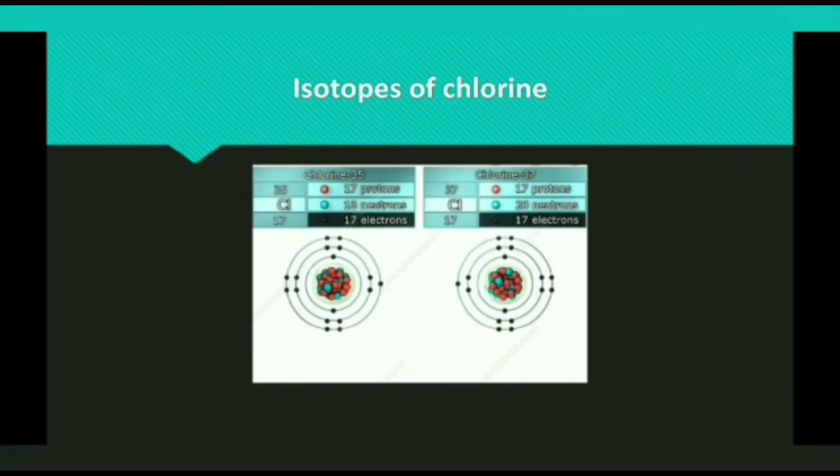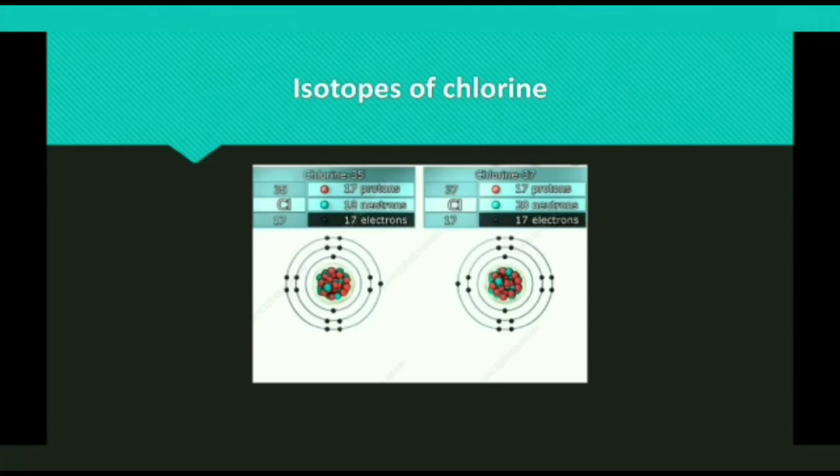Next one is isotopes of chlorine. Here chlorine's atomic number is 17. In the first one, chlorine-17-35, that means atomic number 17 and mass number 35. Here, 35 minus 17, therefore 18 neutrons are there.